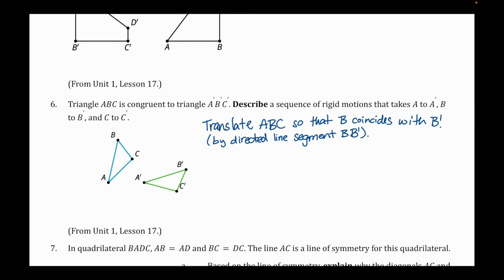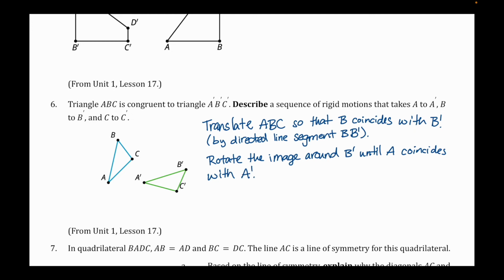Now we're going to rotate the image around B prime until, let's say until A coincides with A prime.